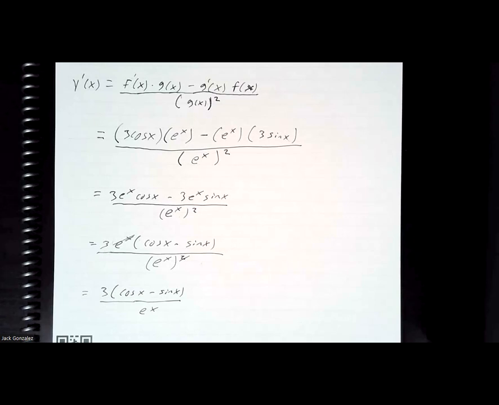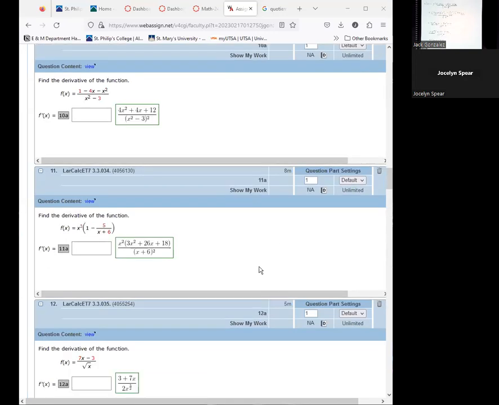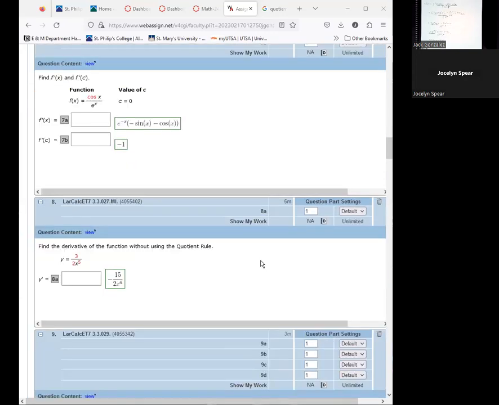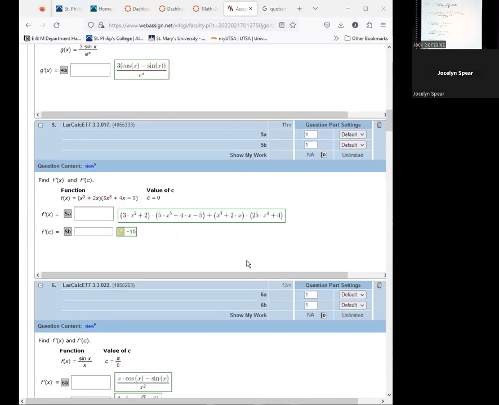All right, let me show you the last few questions. I don't think it's worth doing, but I just wanted to show you. Can you see the homework? Yes. So after the first few, doing product and quotient rule, they're going to tell you to plug in c into your derivative.